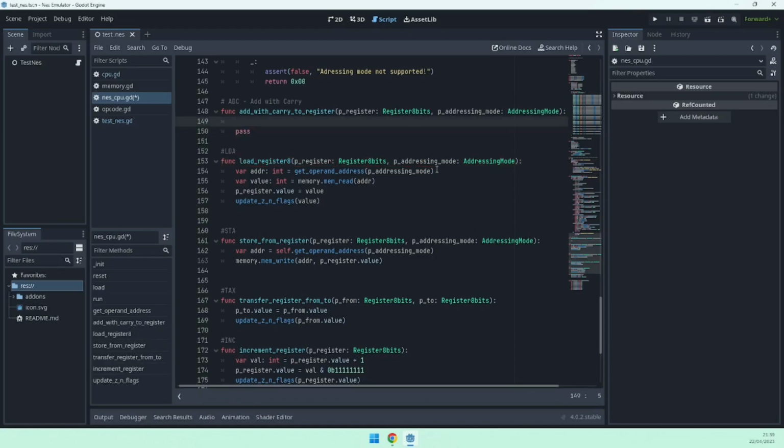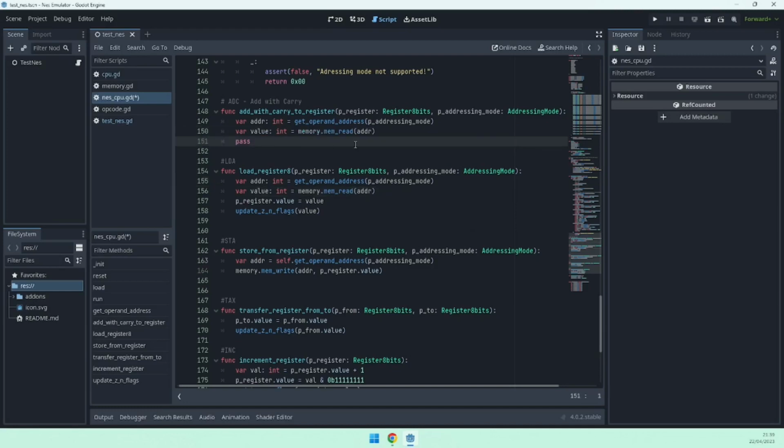We will get the address the same as before, get the value from the address, and this is where things start to change a little. Let's do var result, an integer, and it equals the A register value plus value.